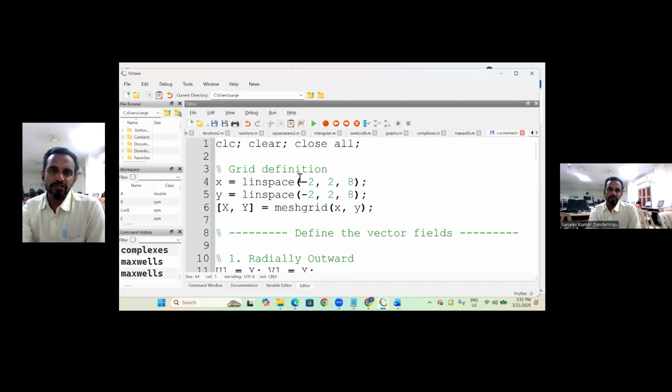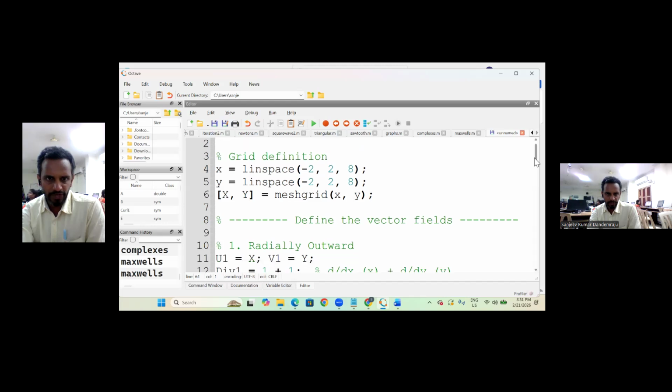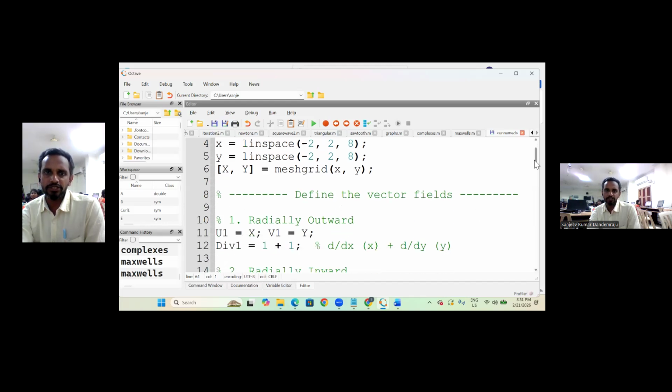With this set of vectors, I'm defining a mesh grid of xy, and I'm defining them as capital X and capital Y. So this is my mesh grid, and over that mesh grid, I'm defining my vector fields.